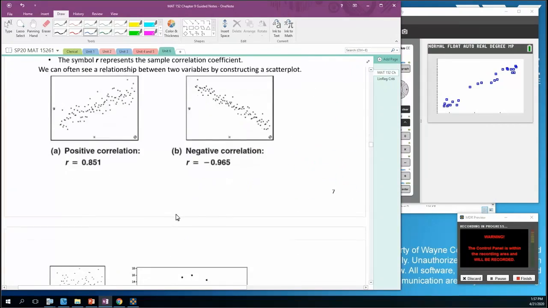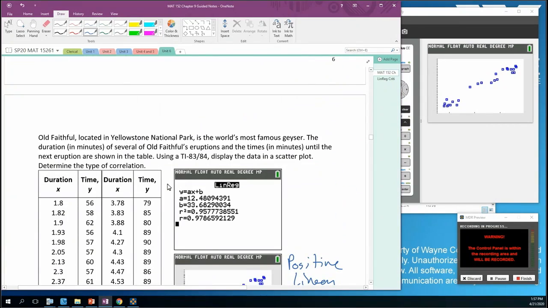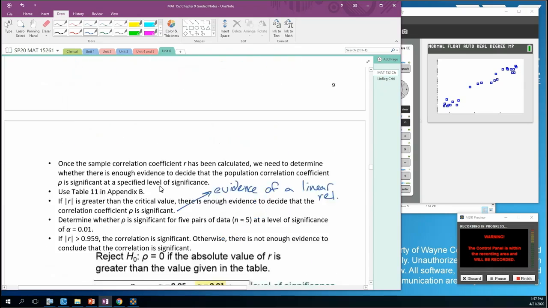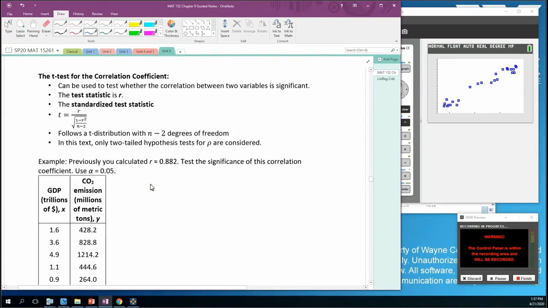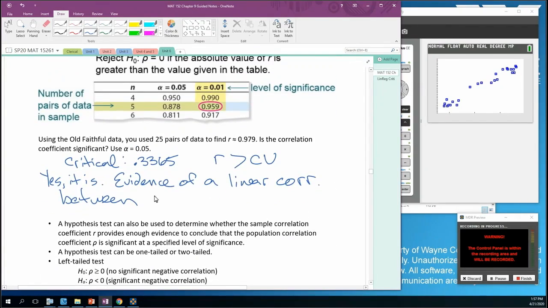Duration and the time between eruptions. So between the duration of eruption and the time between eruptions.